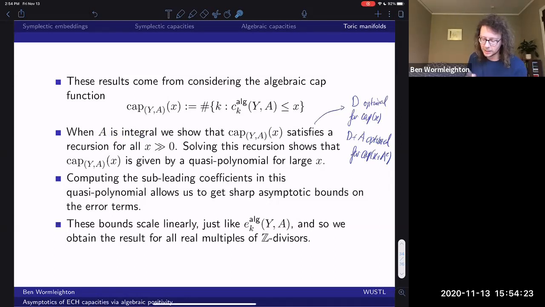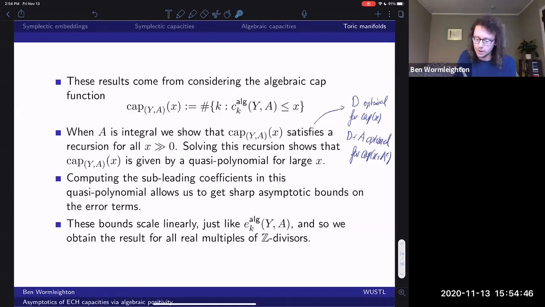The nice thing is then the bound that you happen to get scales linearly, and EK scales linearly, and as a result, you get the same bounds for any real multiple of an integral divisor. So in the toric setting, for any real multiple of a lattice polytope.